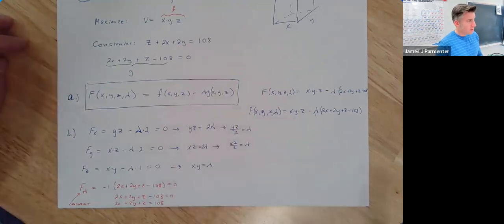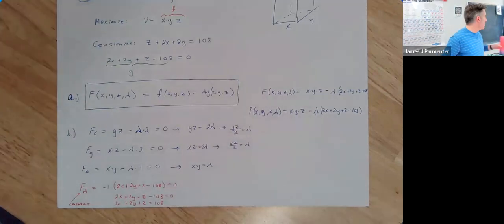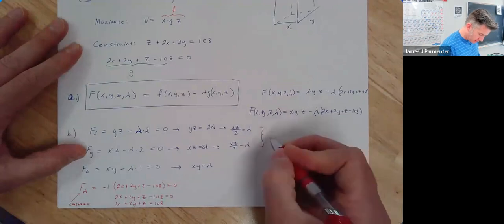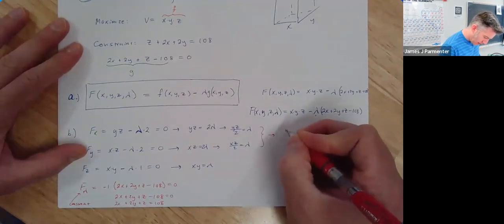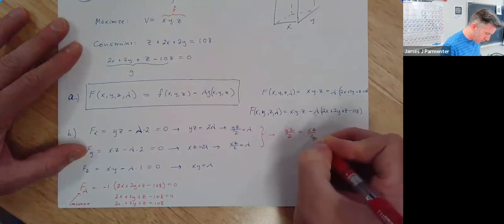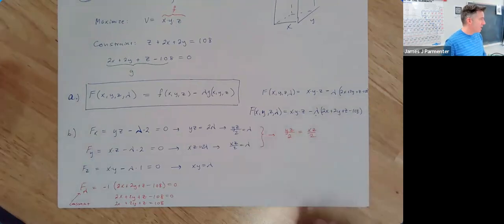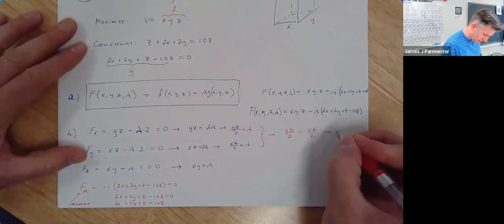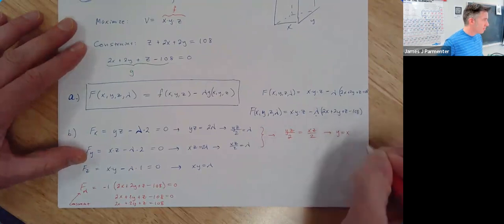And then set any 2 of these lambdas equal to each other. So if we set these 2 equal to each other, we're going to get yz over 2 equals xz over 2. Multiply both sides by 2 and divide both sides by z to get just y equal to x.